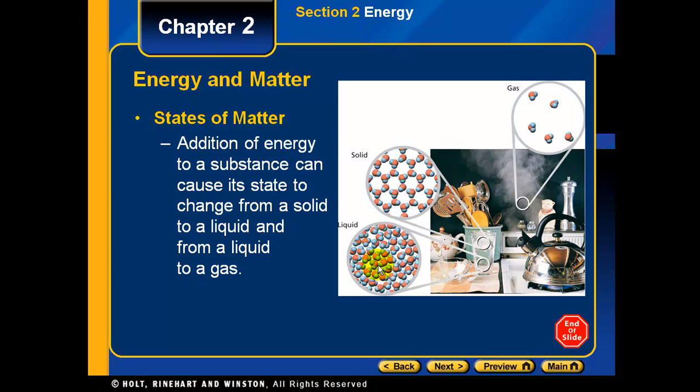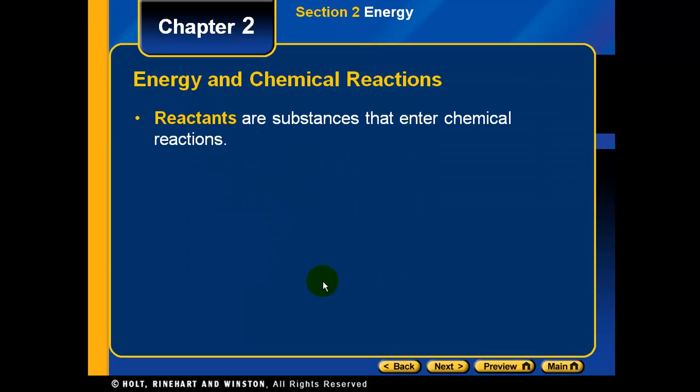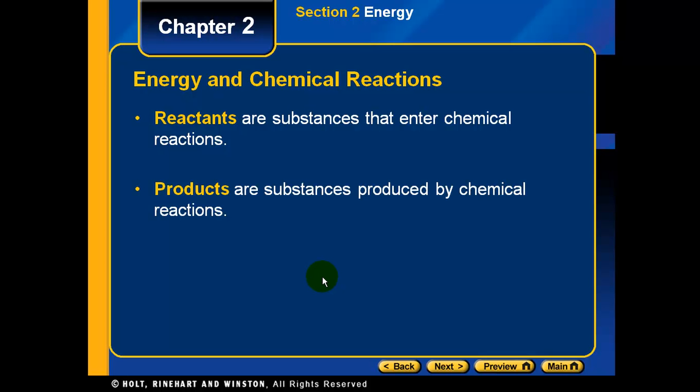Energy and matter. There are three states of matter: liquid, solid, and gas. Adding energy causes the state change. In a chemical reaction, reactants are the substances that are entering the chemical reaction. Products are the substances that are produced by the chemical reaction.